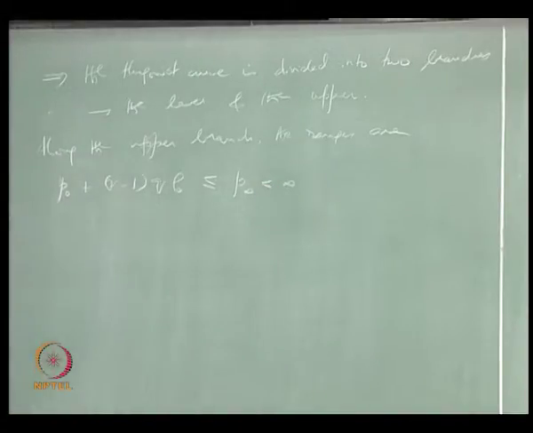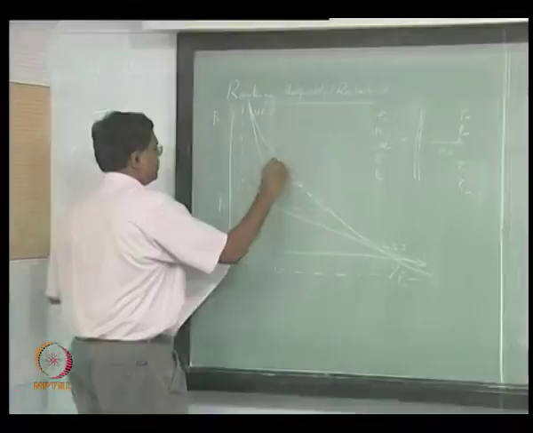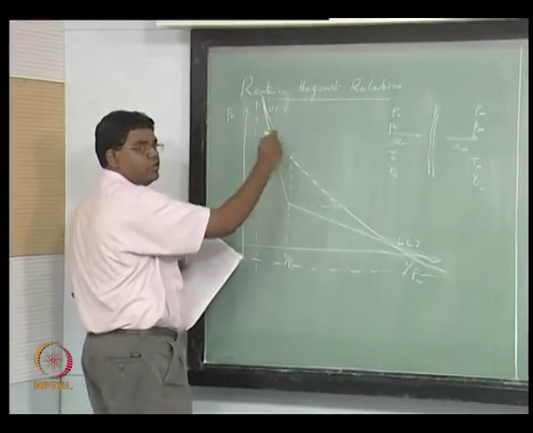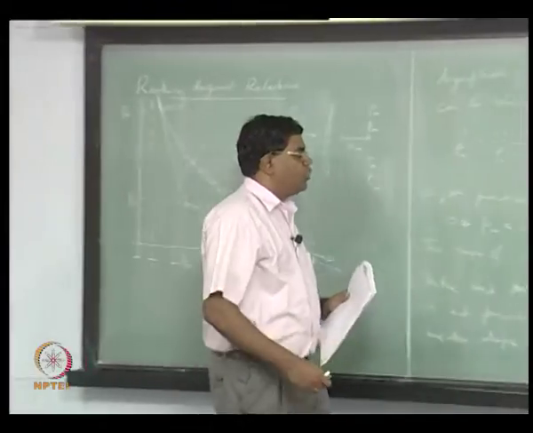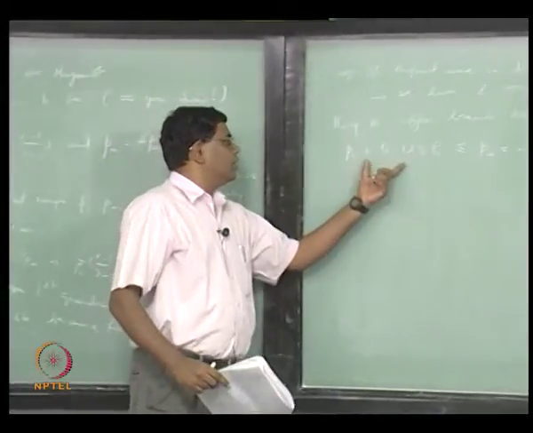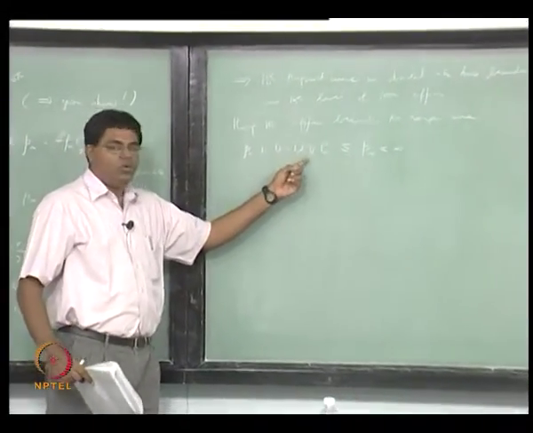That's going from here all the way up to infinity, right. So what we are actually locating, this is P naught plus gamma minus 1 Q rho naught.